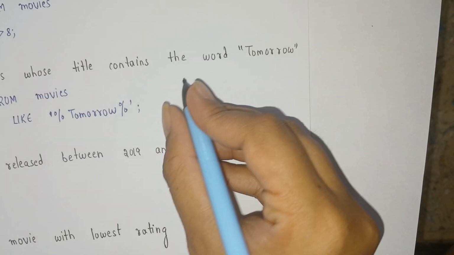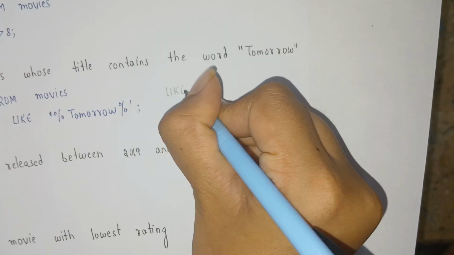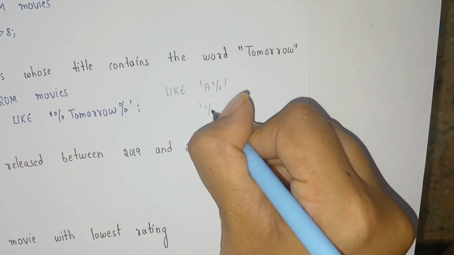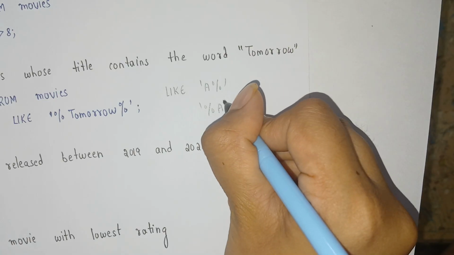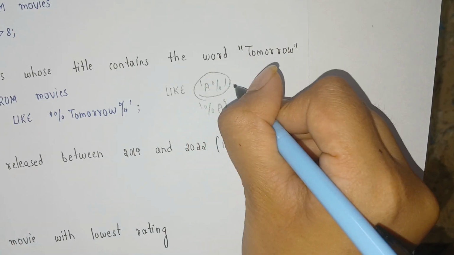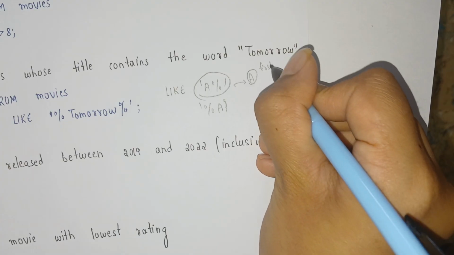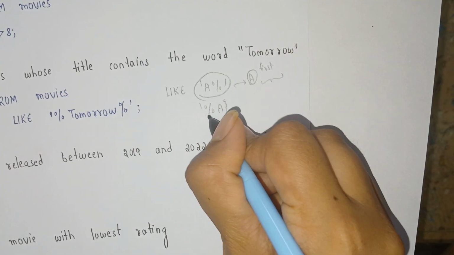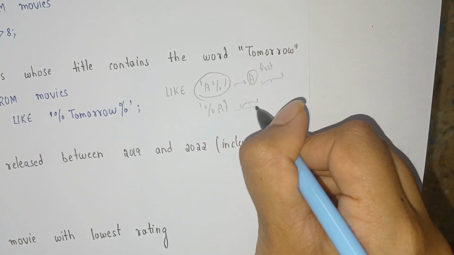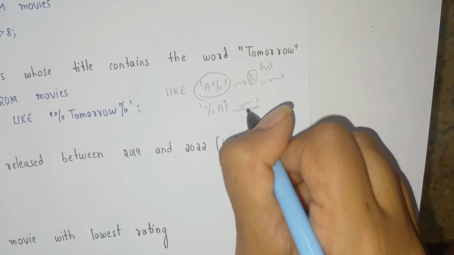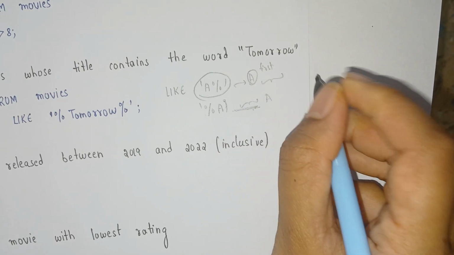We have some operators we will use: like 'a%' and like '%a'. 'a%' means a should come first and it can be followed by anything, any number of vowels, consonants, any alphabets. An example is apple. '%a' means the word ends with a, for example data. It can have any text before it, but it should end with a.